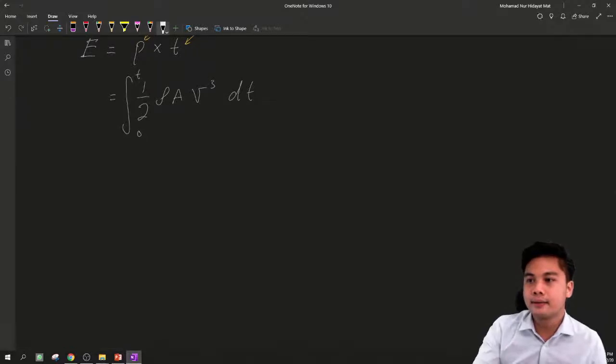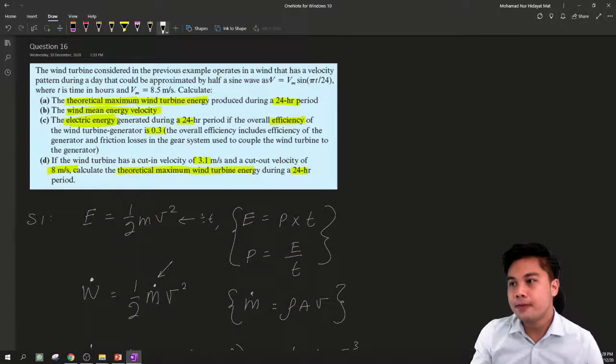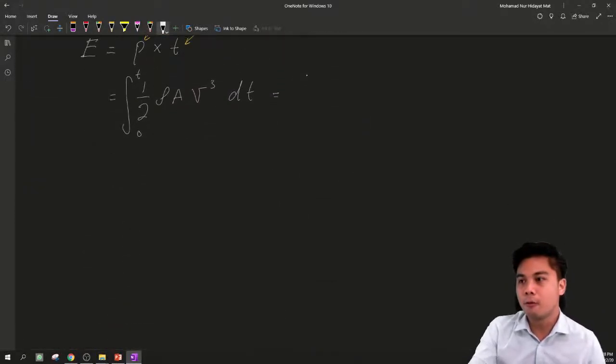From here, we know that 1 over 2 rho A is constant, so we can move it out. And V cubed we can replace with the given expression, V equals Vm sine pi t over 24.